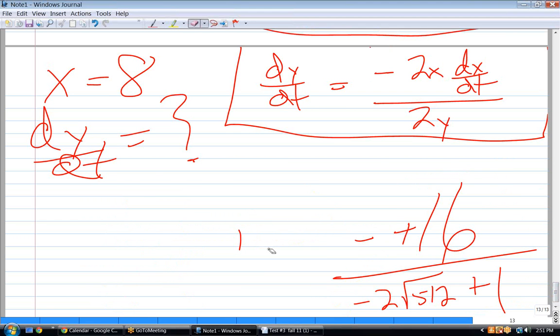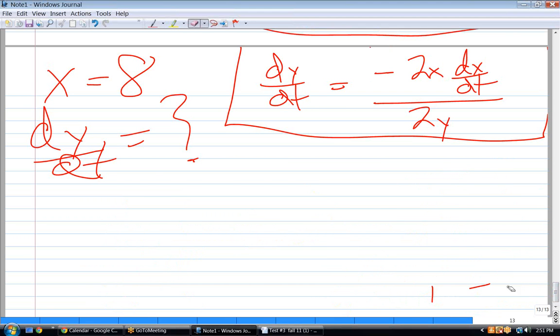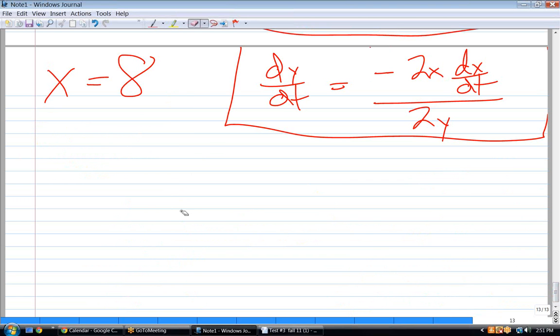Okay, so we know that when x is equal to 8, y is equal to root 512. Why does 512 sound like that? That's 256 times 2. 256 is 16 squared, so y is 16 root 2.